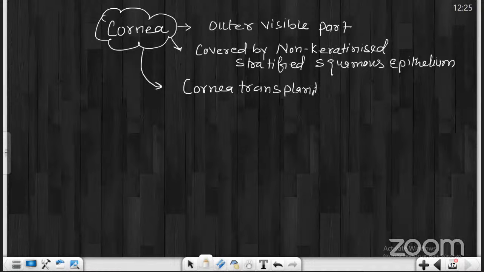Transplantation is successful. और रीजन क्या है इसका? रीजन ये है कि नो ब्लड सप्लाई, it lacks blood vessels.